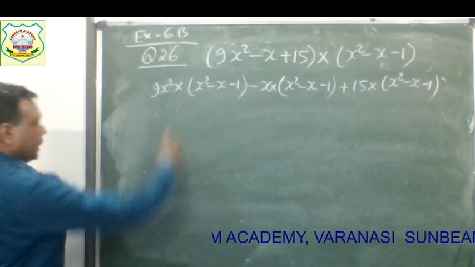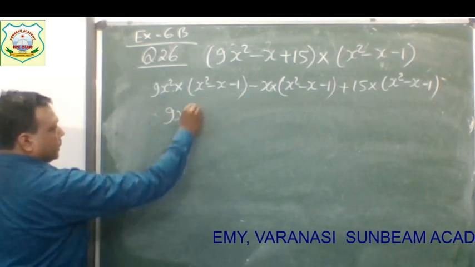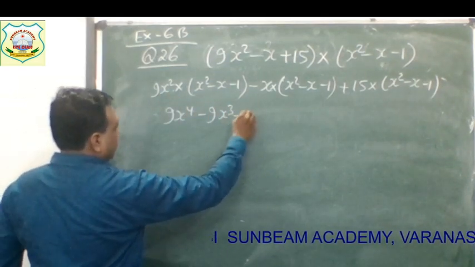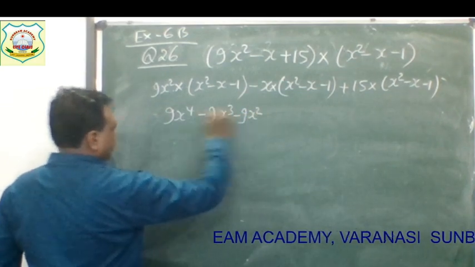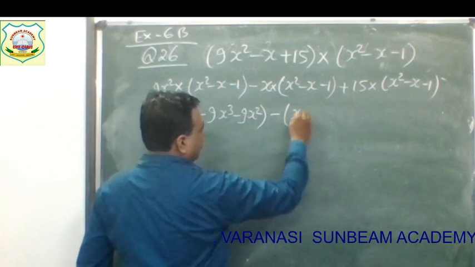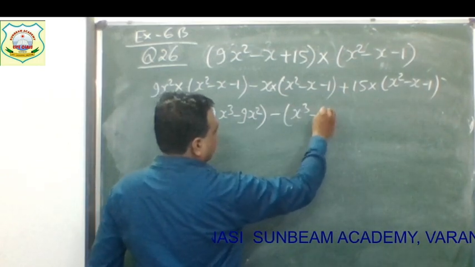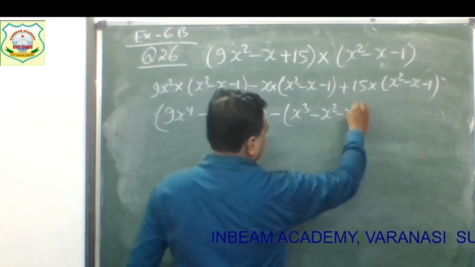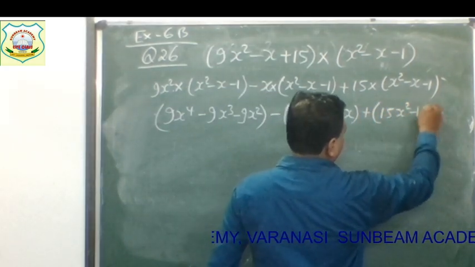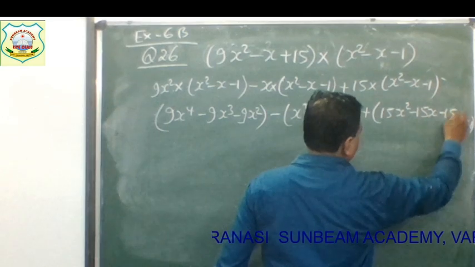9x square into x square, 9x power 4, minus 9x cube, minus 9x square. x into x cube, minus x square, minus x, plus 15x square, minus 15x, minus 15.